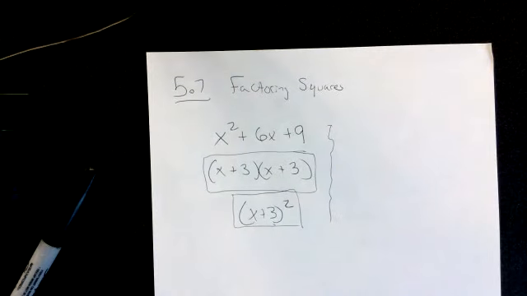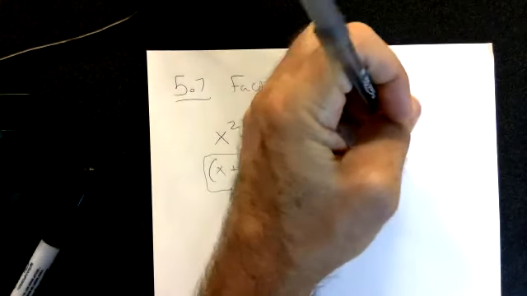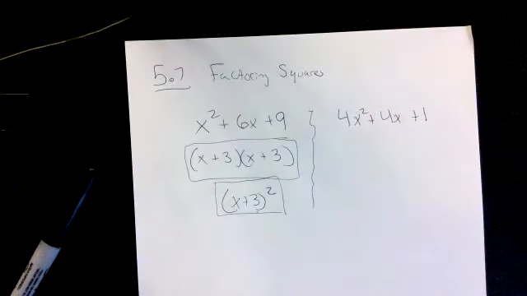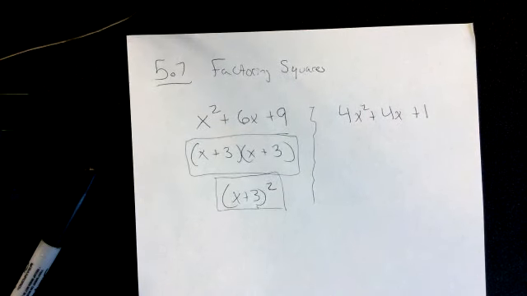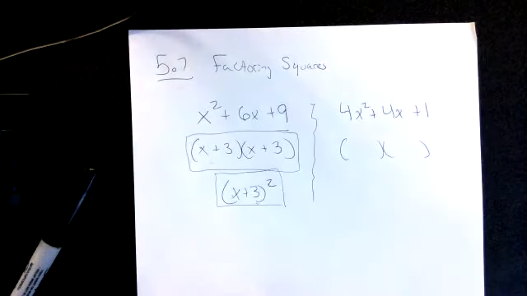Good news about 5.7 is if they give you an ugly problem like 4x squared plus 4x plus 1 in this particular section, you don't have to factor this one by the AC method, because again, you know you're going to end up with squares. You know both of these parentheses are going to be the same.